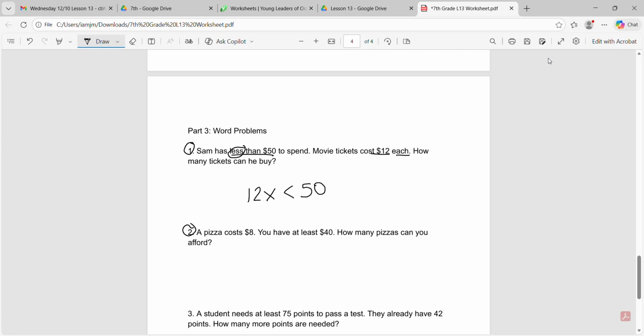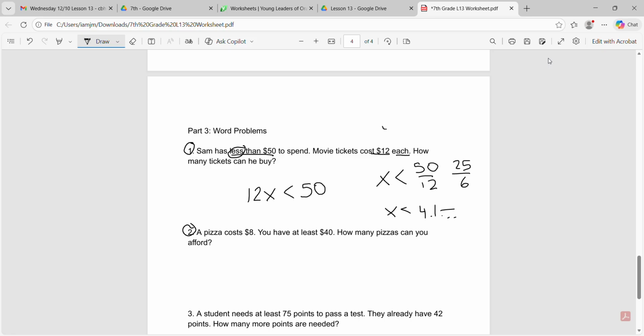So divide both sides by 12 and you get, let's simplify this so we can easily divide, 25 over 6, which is going to be 4.1 and so on.